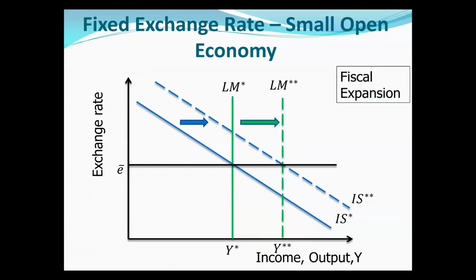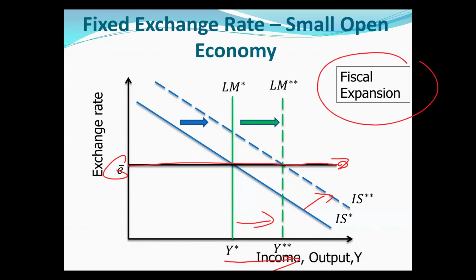Graphically, you can depict it like this. Both LM and IS have shifted to the right, income increased as well, but exchange rates have remained fixed. That's what I'm saying. This is the fiscal policy.